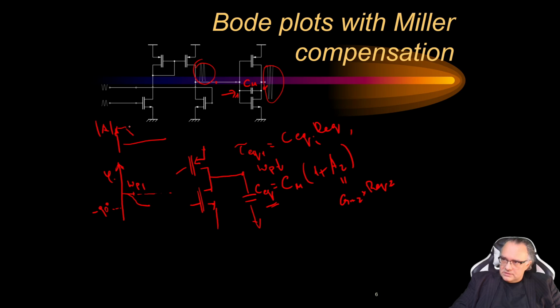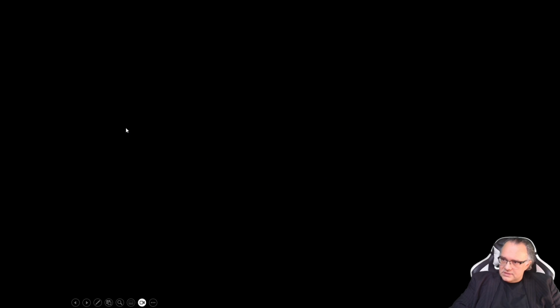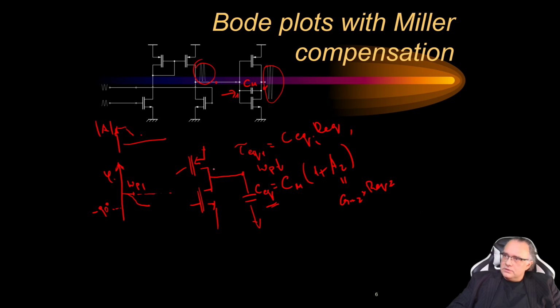So it has the space in order to cross here the 0 dB level, or the unity gain bandwidth, before the effect of phase rotation of the second pole. But what's going on with the second pole? Now the second pole, let's concentrate on this transistor.